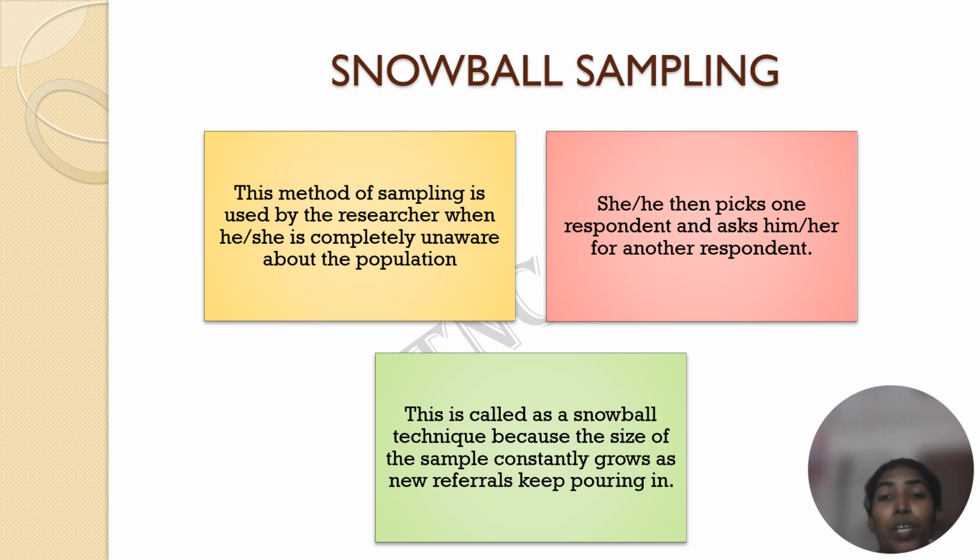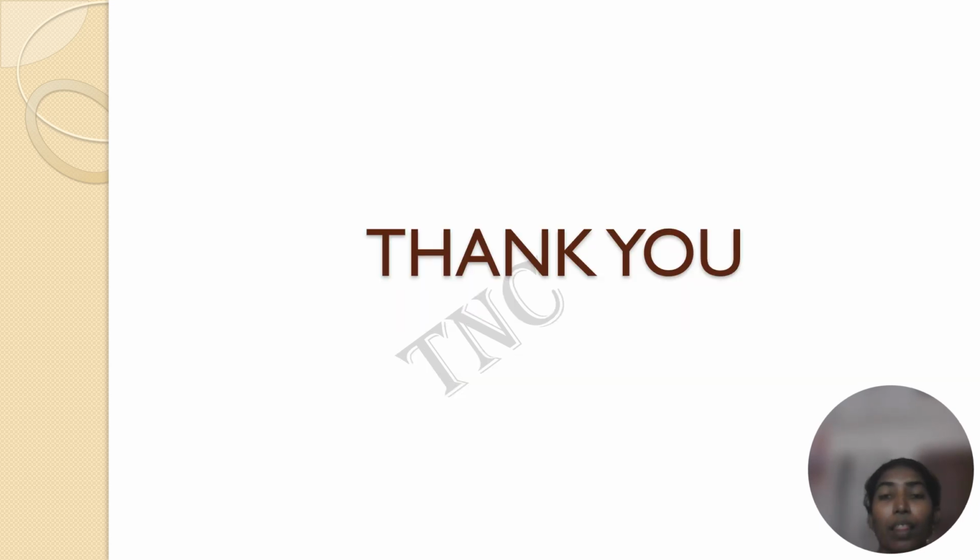So your first respondent can guide you to collect data from the second respondent. Your second respondent can guide you to collect data from the third respondent, and it goes on. As it keeps growing in size, it is called the snowball sampling technique. This can be used when you are completely unaware of your population. Thank you.